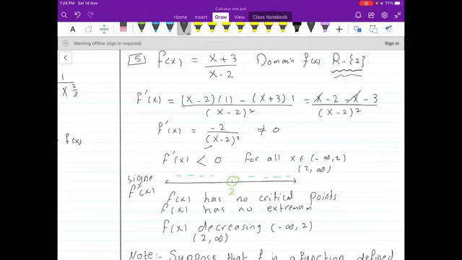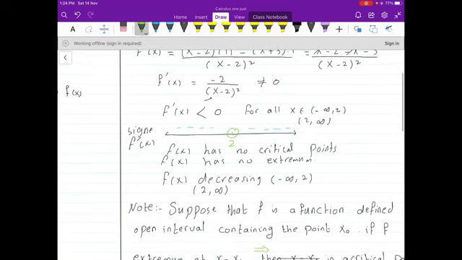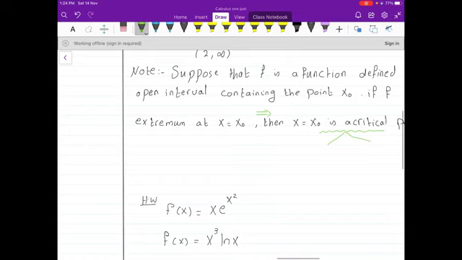And this function later on we will sketch, and it will have a horizontal and a vertical asymptote. To practice more, try to solve two functions: f of x equal x times e to the power x squared, and f of x equal x to the power 3 times ln x.